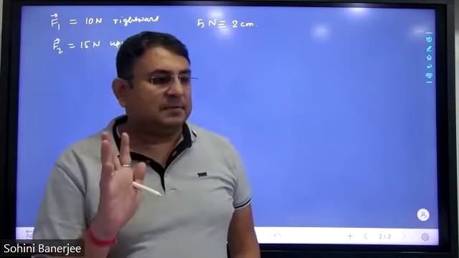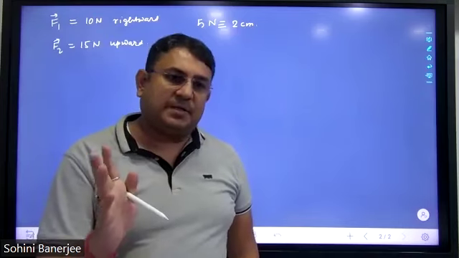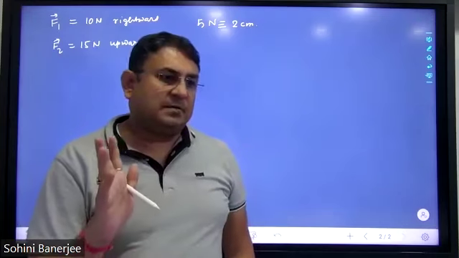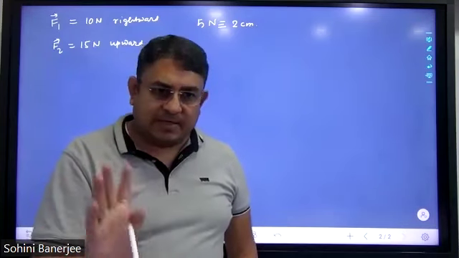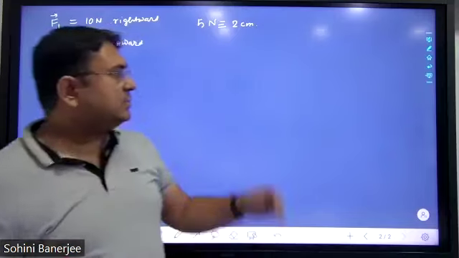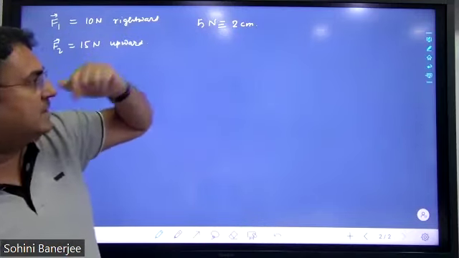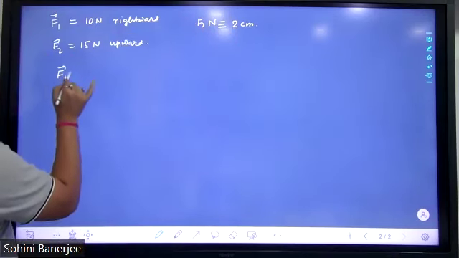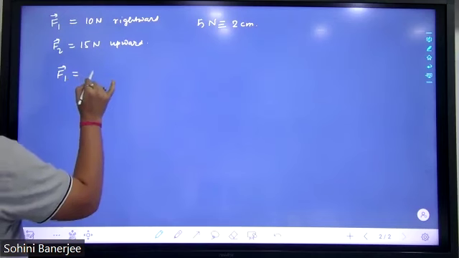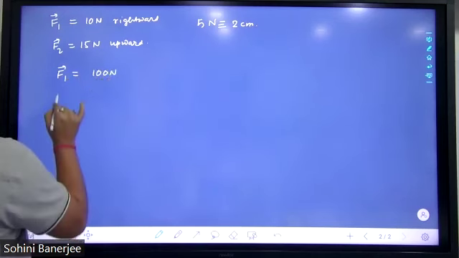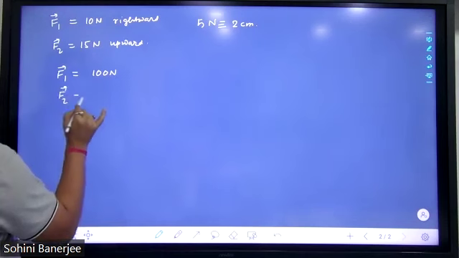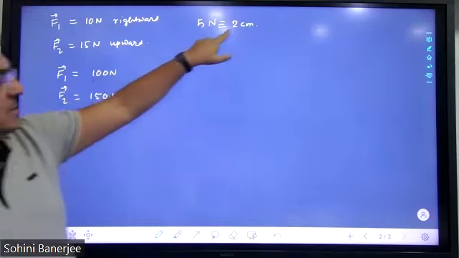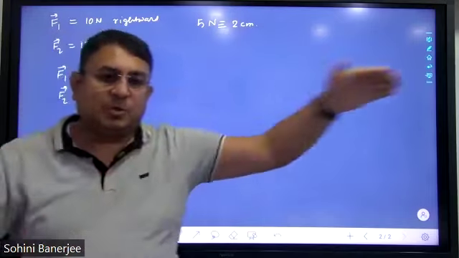We choose a scale because the vector can be anything. It can be force, it can be acceleration, it can be any other vector. But length means always in centimeter, meter like that. So we choose a convenient scale. Why do I say convenient? Suppose I got two forces, F1 is say 100 Newton and F2 is say 150 Newton. If you choose this small scale, then the straight lines will be too long.